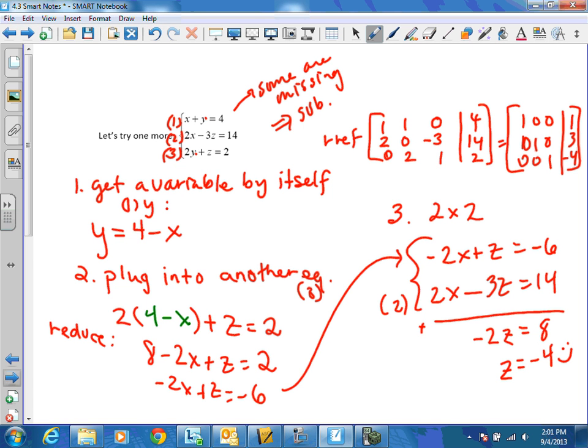Once I got that plugged in, we can call this equation 4. We said, now I can pair that with 2 to have a 2 by 2. So we use the equation that doesn't have a y, because we got the y's eliminated, because we substituted.